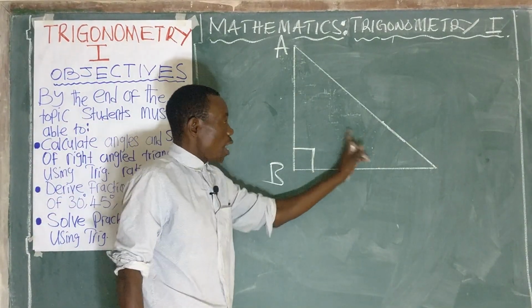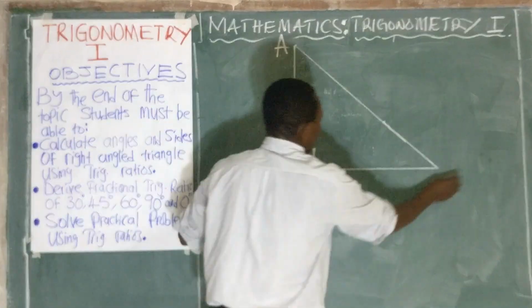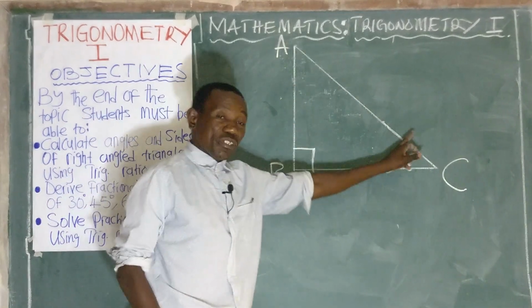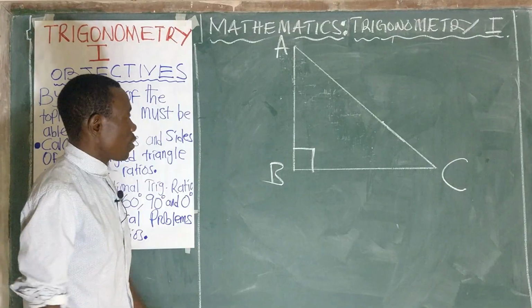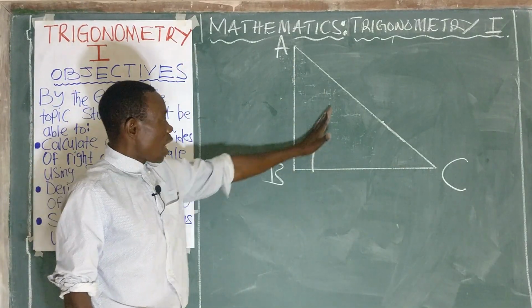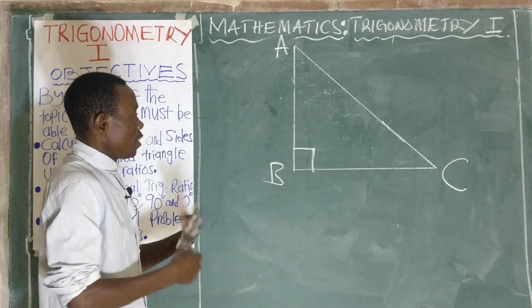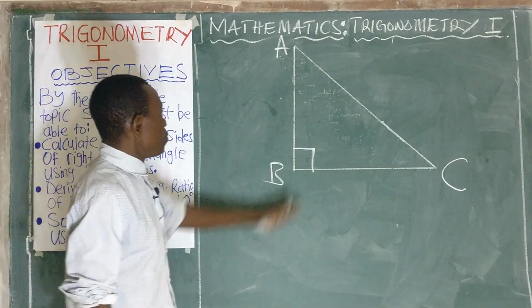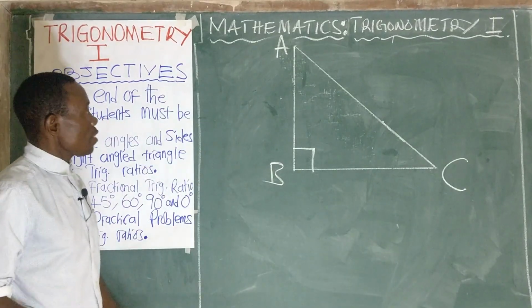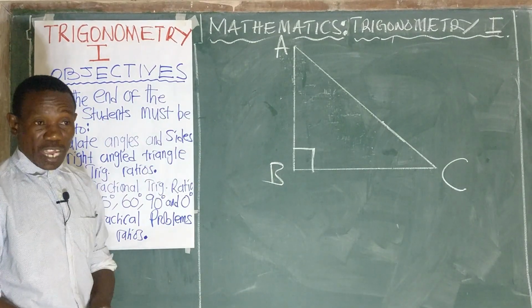The remaining two angles in triangle ABC should be acute angles, less than 90 degrees. You can't have this one 90, that one 90, while this one is already 90. We know for sure that the angle sum of a triangle is 180 degrees, so this should be less than 90, and that one should also be less than 90. So this is an example of a right angle triangle.